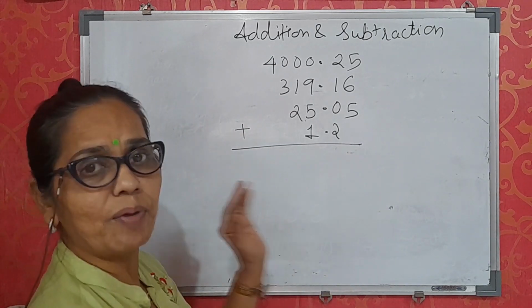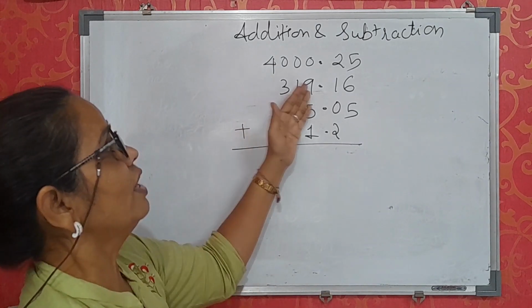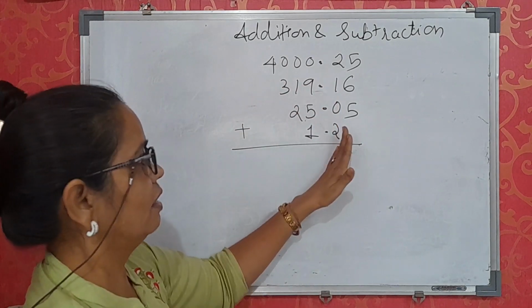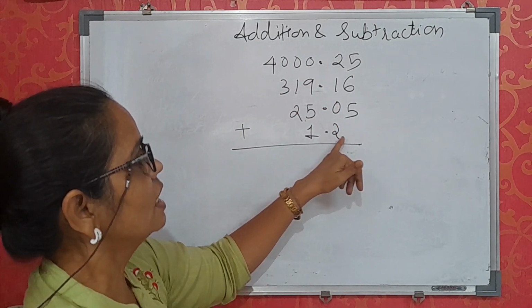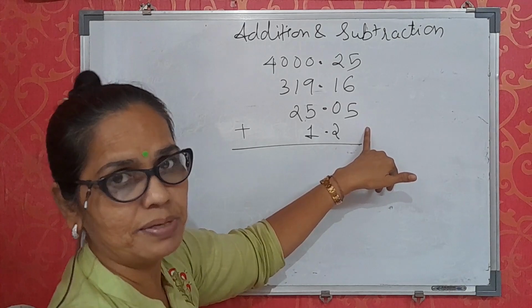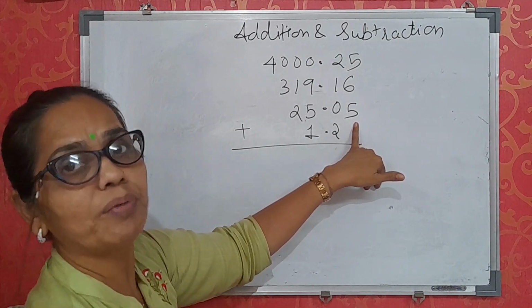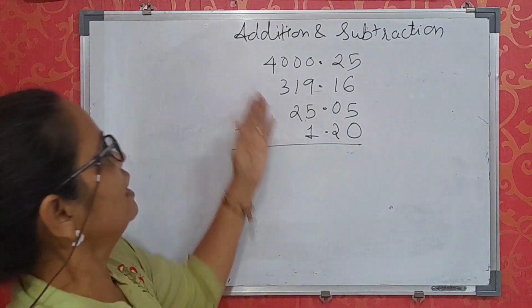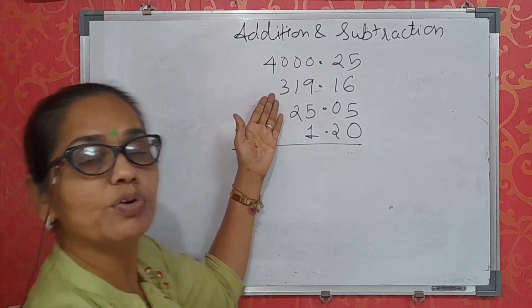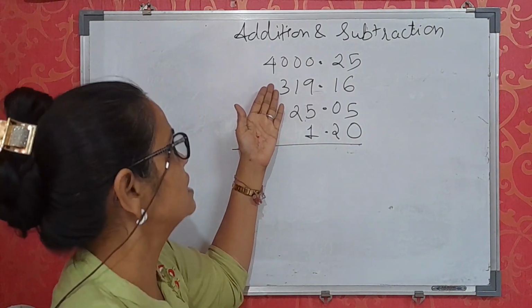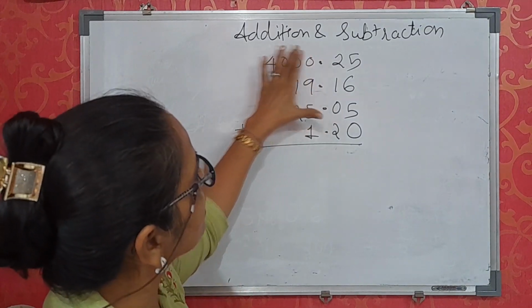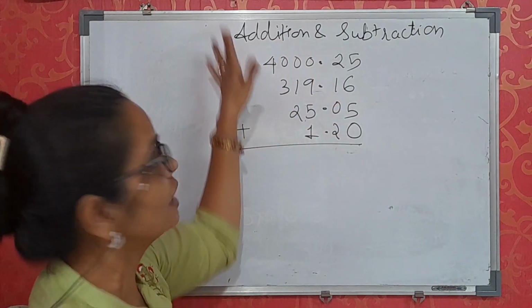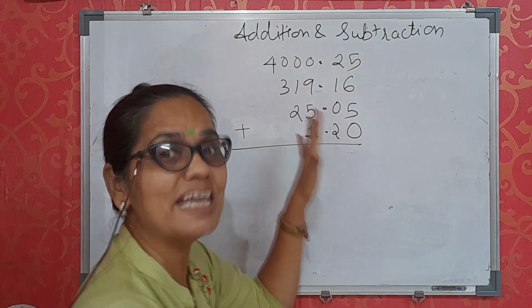So in this type of addition, what will you do? Where there are unlike decimal places, first of all you have to make them like decimal places by putting 0. And where there is no number, you have to consider it as 0, so that the digits before the decimal point and after the decimal point are the same.